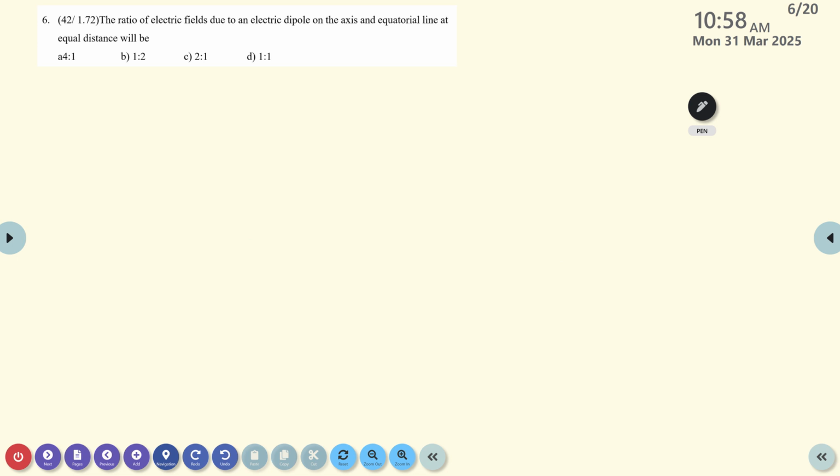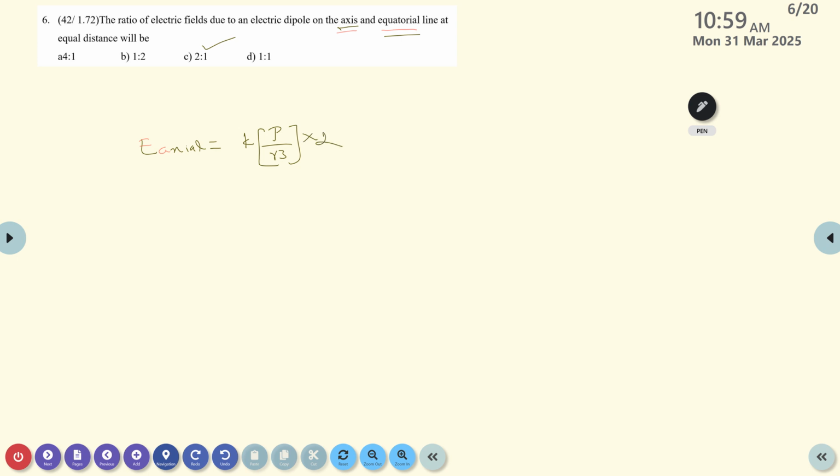The ratio of electric field due to an electric dipole on the axial line and on the equatorial line at equal distances will be 2 is to 1. Recall your formula. E axial equals K into 2P divided by R cube.